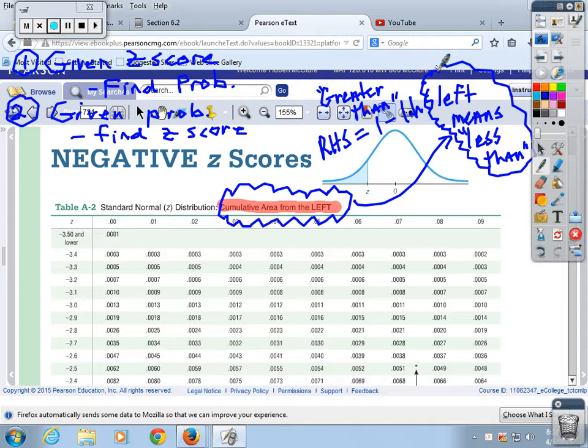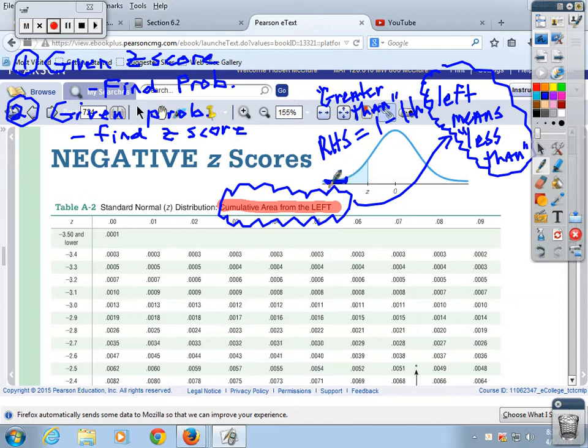So if I look up negative 3.02, negative 3, that's 1, that's 2, that's 3. Negative 3.02 is right in there. I'm looking up this z-score, this probability right here.